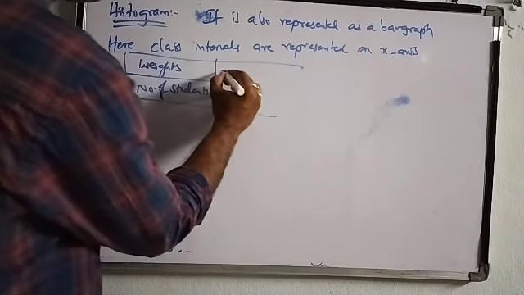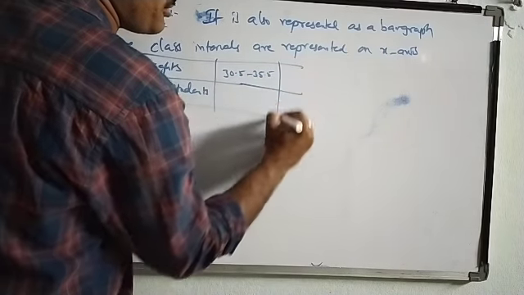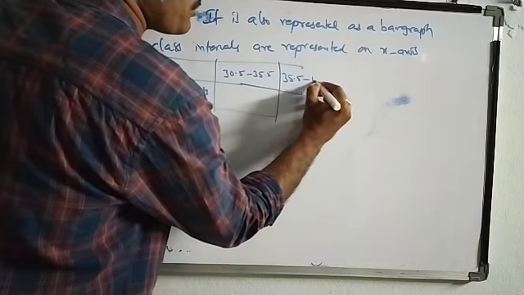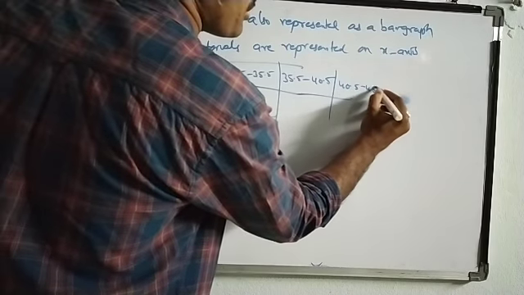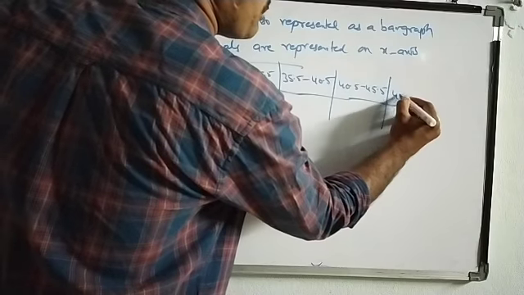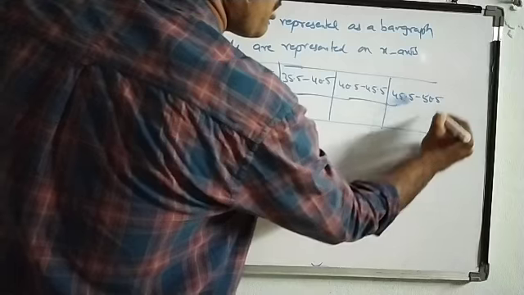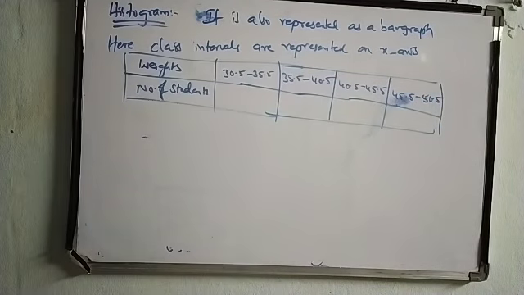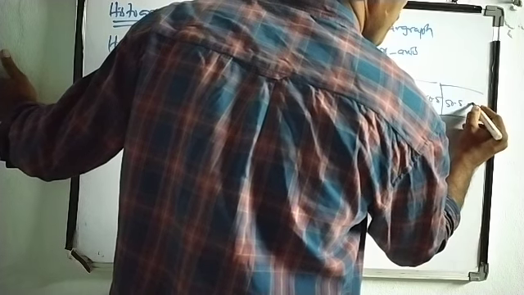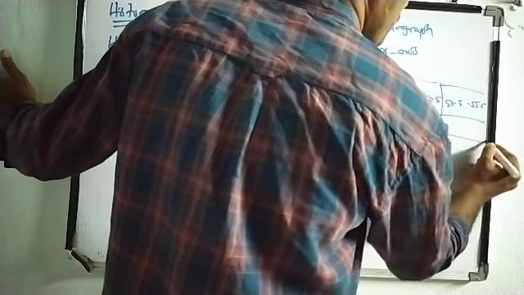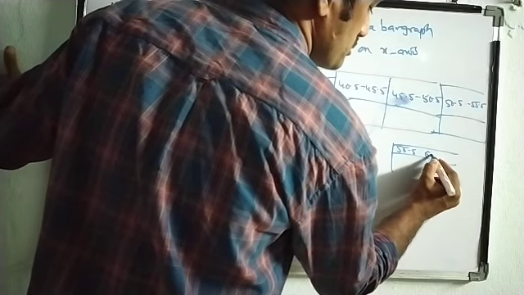The weights are 30.5 to 35.5, 35.5 to 40.5, 40.5 to 45.5, 45.5 to 50.5, 50.5 to 55.5, 55.5 to 60.5.